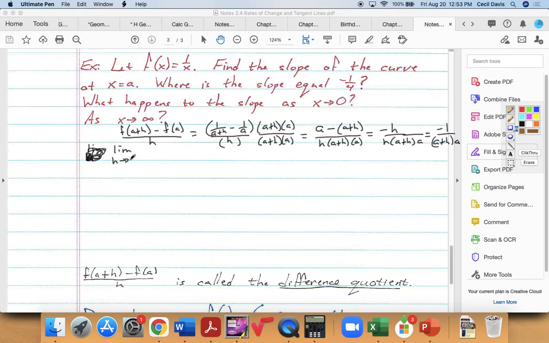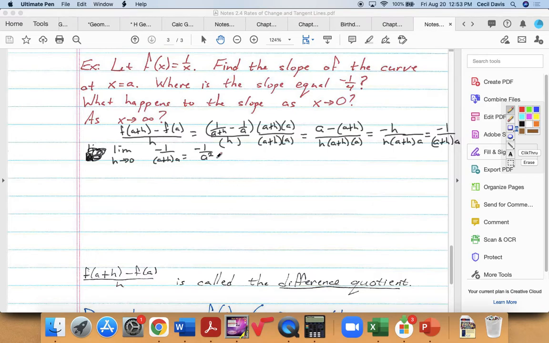The limit as h goes to 0 of negative 1 over a plus h times a. Well, as h goes to 0, that's just going to be a times a in the denominator. This is equal to negative 1 over a squared. So for any x value, a, could be 3, could be negative 12, whatever it is, the slope of the curve is negative 1 over a squared. This is a formula for the slope of the curve.